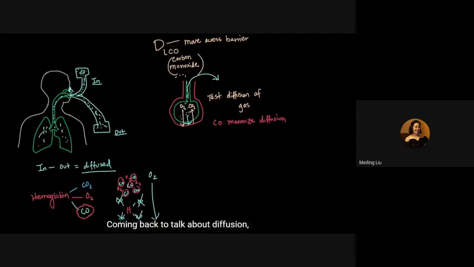So coming back to talk about diffusion, what on earth exactly are we testing for in the lungs? So it can diffuse well, but what does it mean if it does or does not diffuse well? So let's look at an equation of how gas behaves and what are the things that affect diffusion. The volume of gas that can move across a barrier is equal to the surface area it's going across, divided by the thickness of the barrier, multiplied by a constant.